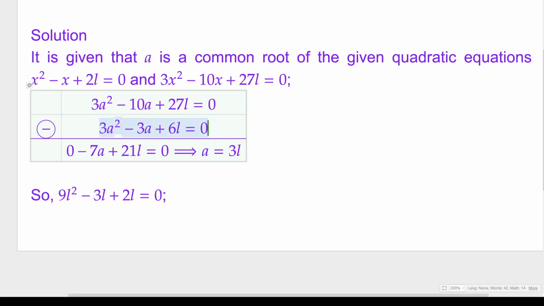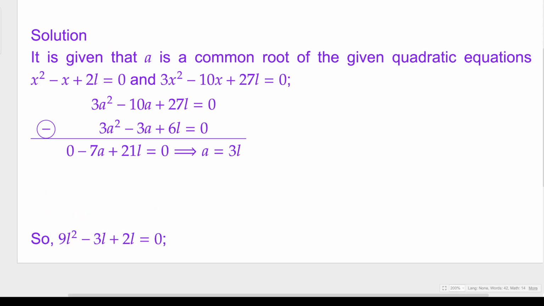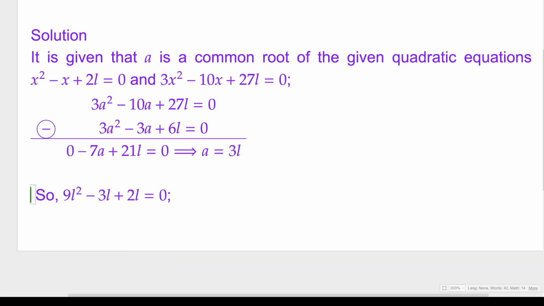Instead of A, I'll substitute 3 times L. So that effectively becomes 9L square minus 3L plus 2L equals 0. Let me just mention this part over here.